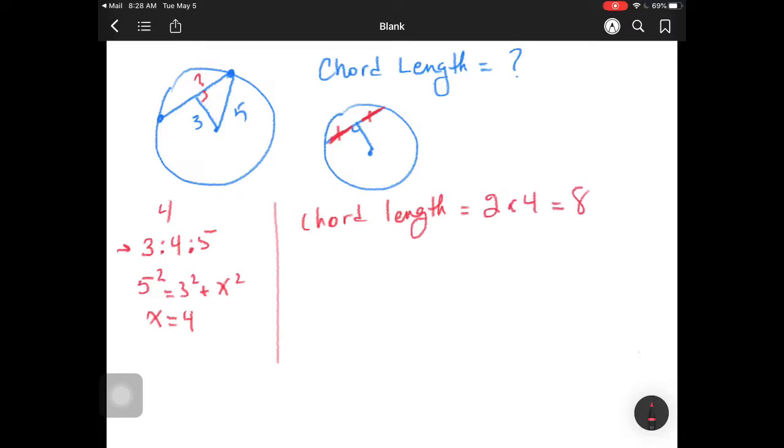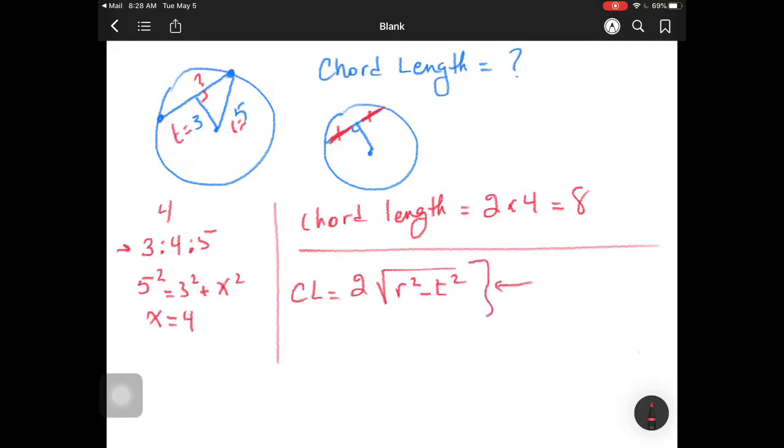Now, some books try to show you that the chord length is twice the square root of r squared minus t squared, where r is the radius and t is this perpendicular distance. Well, this is the same as the Pythagorean theorem.